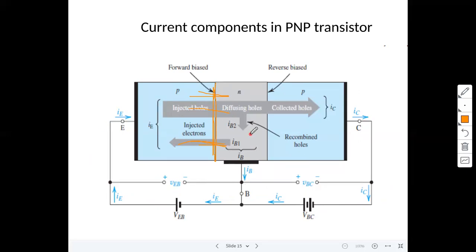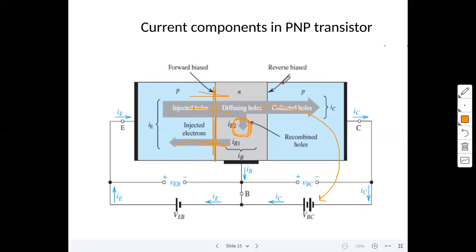Now in this case there is some recombination of holes. Due to this, the number of holes reduces. The recombination percentage is less than 5% only, right? And the majority of holes will be attracted towards the negative terminal of the battery.